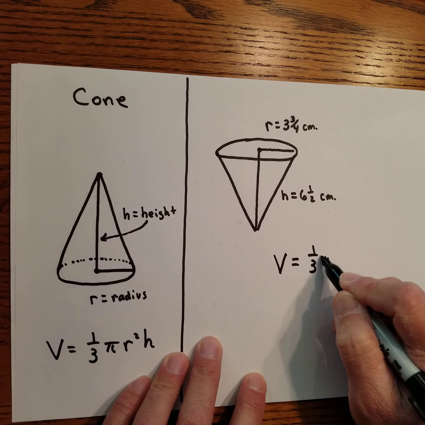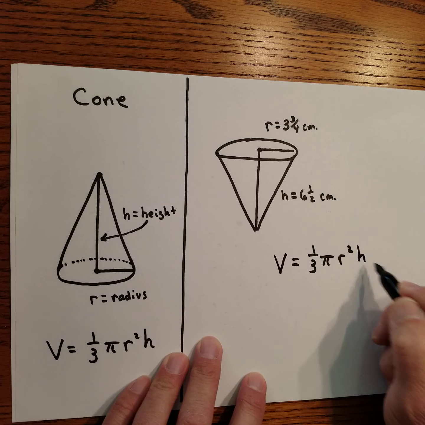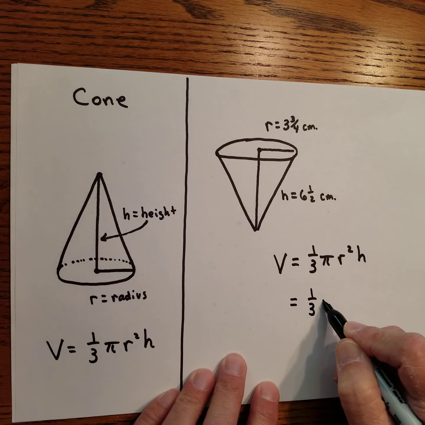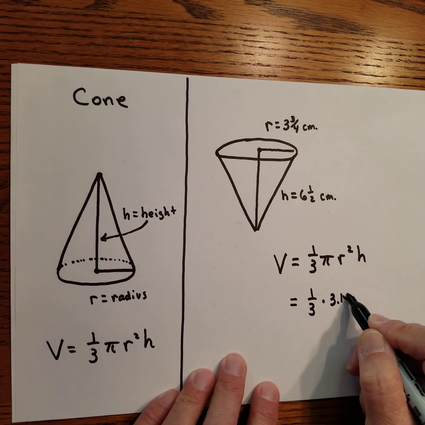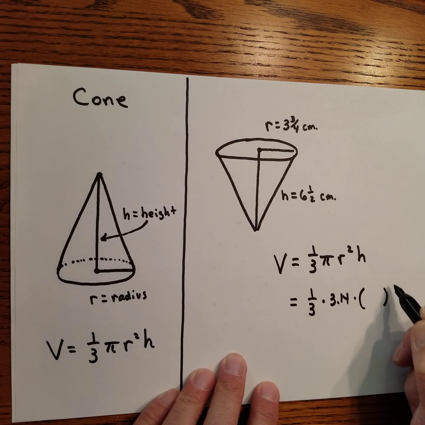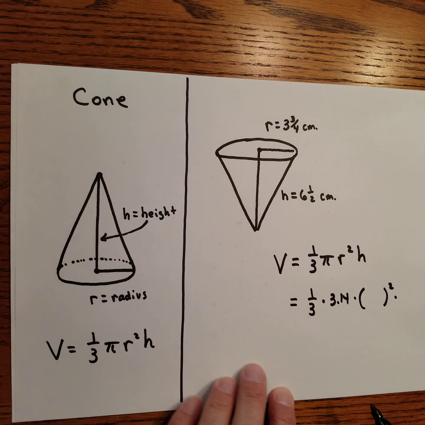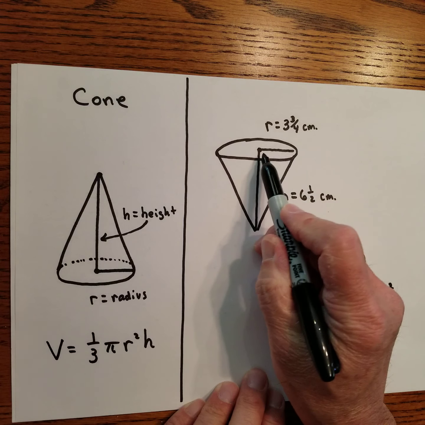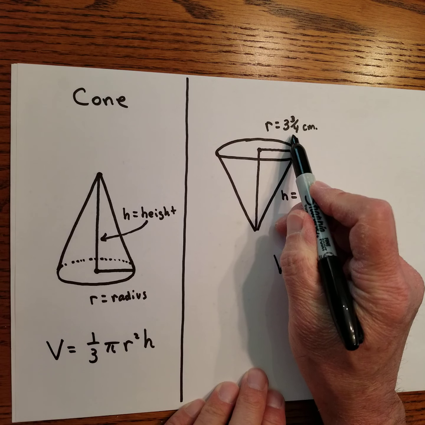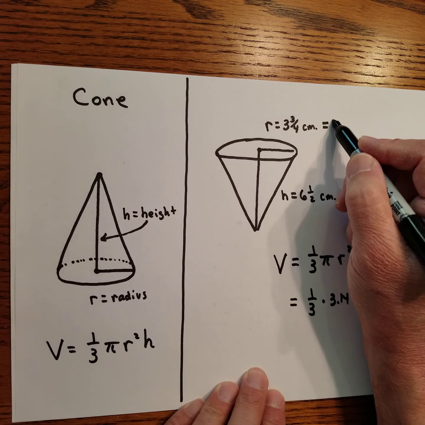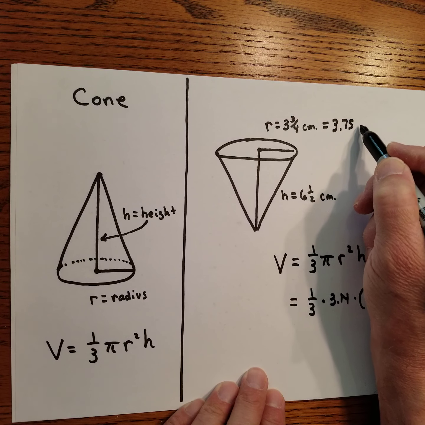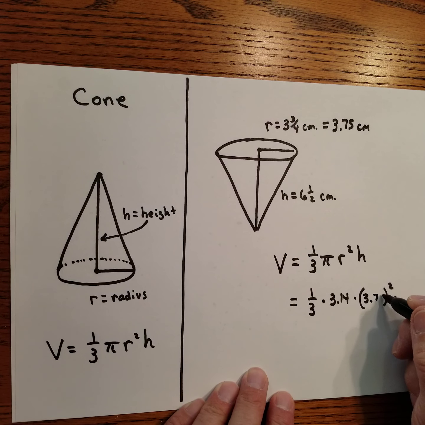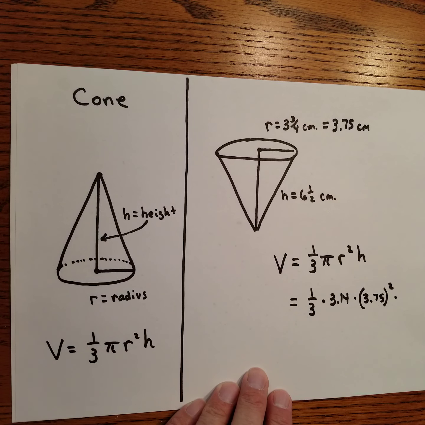Volume is 1/3 pi r squared h. That's 1/3 times 3.14 times r squared times h. What's r? R is the radius. Let's call 3 3/4 the same as 3.75. We'll put 3.75 for the radius.